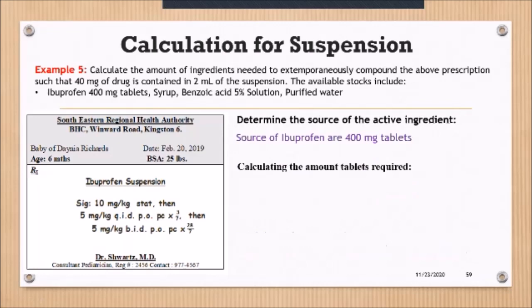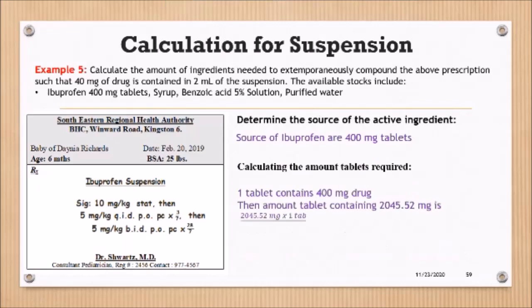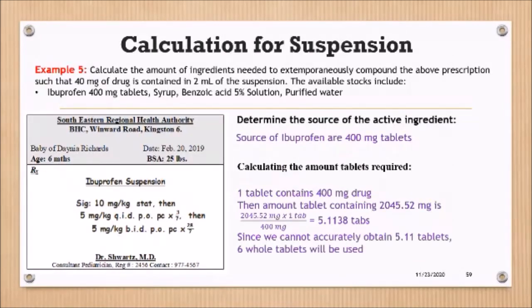So it means then that even though I want a total of 2,045 milligrams of drug, I'm now going to be using not the pure drug, but the tablet. So my suspension is going to be more than what 2,045 milligrams is going to account for.